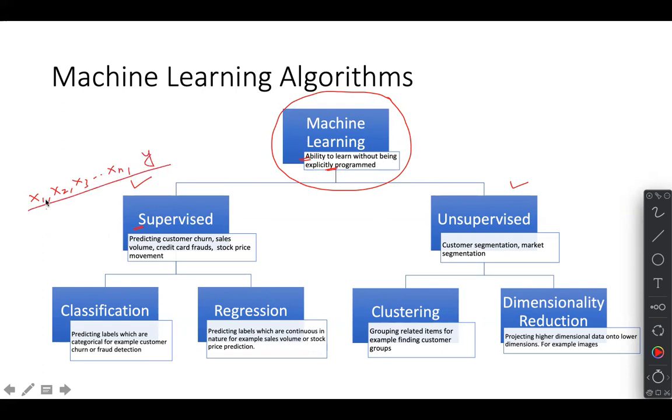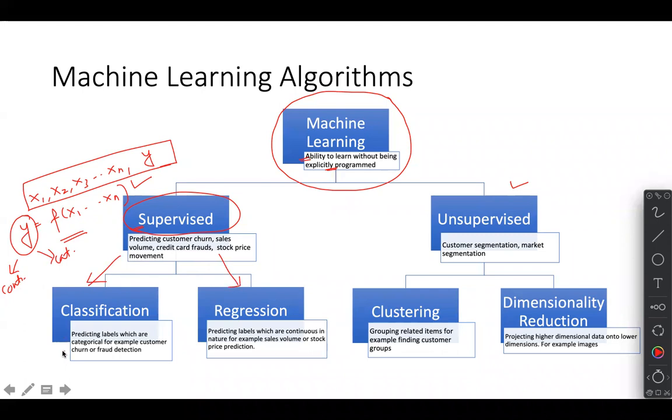And then from this historical data or historical evidence, we are trying to build a function y equal to a function of x1 to xn. So these are supervised learning problems, but there are two scenarios where y can be continuous or numerical and y can be categorical. So based on that, supervised learning problems are again categorized into classification and regression.